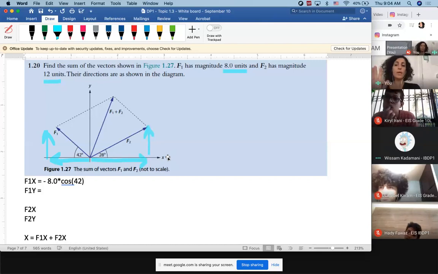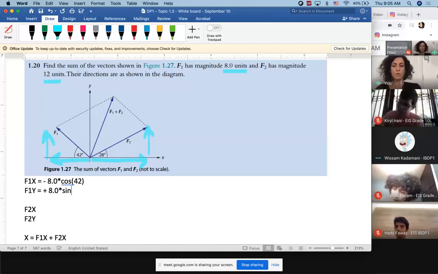In Wissam's case, he doesn't draw the x and the y component. We need to draw the x and the y component to see if it's positive or negative. So this one is gonna be positive 8.0 times the sine 42. So Wissam, your method is right, but I don't want to confuse your friends, so that's why.